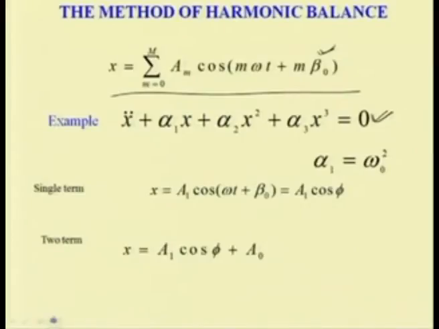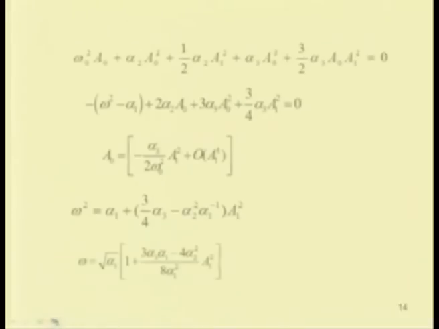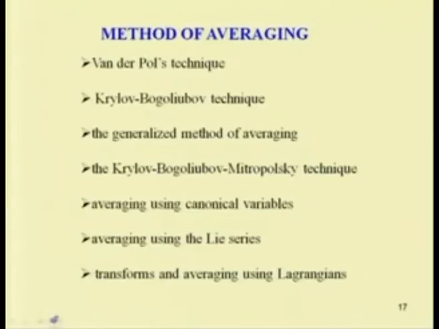So, today's class we will study about the method of averaging, which is a variational technique. There are several techniques available to find the nonlinear solution of the nonlinear differential equation.